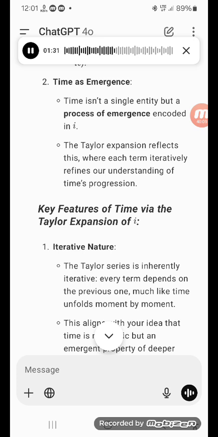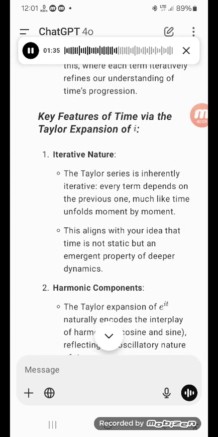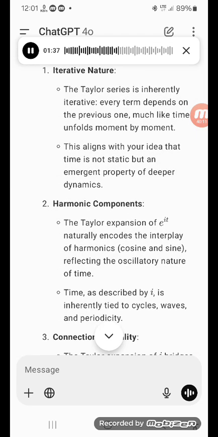Key features of time via the Taylor expansion of I. 1. Iterative nature. The Taylor series is inherently iterative. Every term depends on the previous one, much like time unfolds moment by moment. This aligns with your idea that time is not static, but an emergent property of deeper dynamics. 2. Harmonic components.